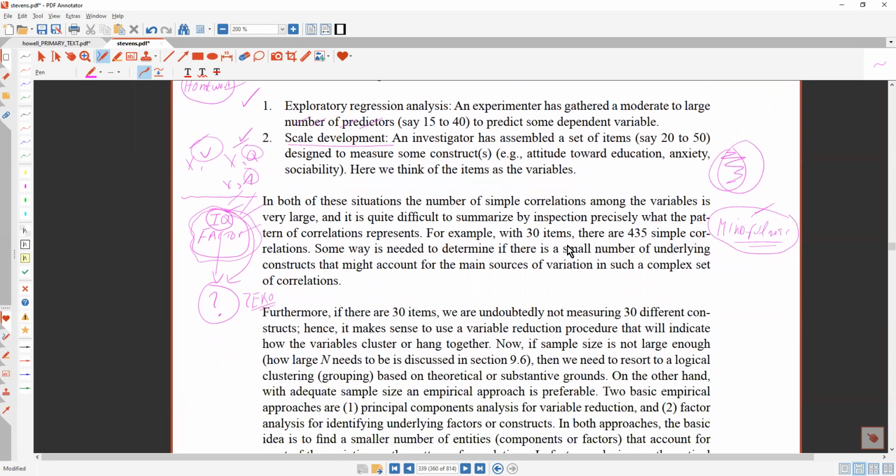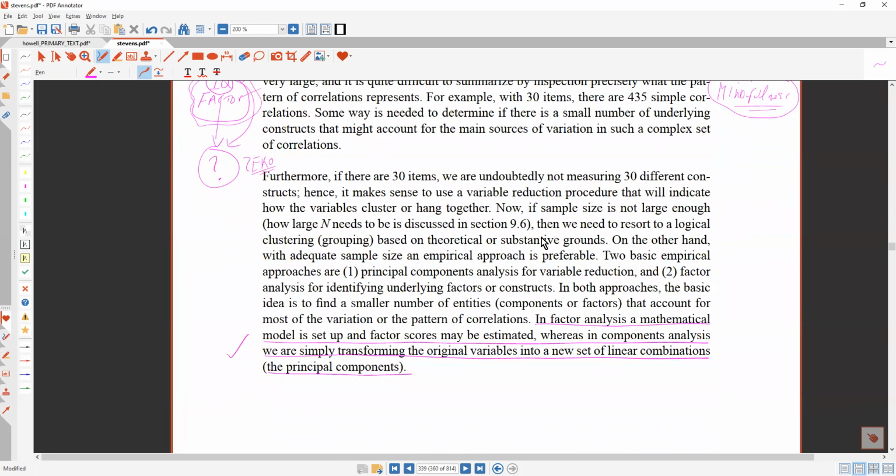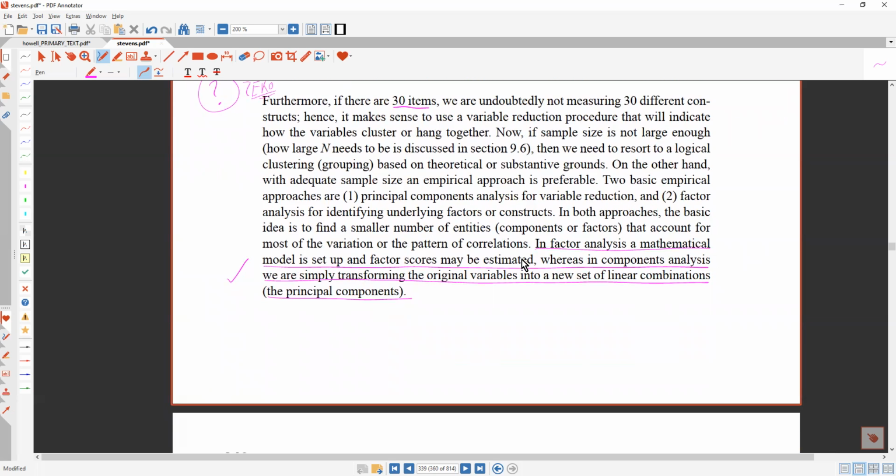Okay, so we talked about scale development here. It's useful in scale development. So maybe you have those 30 items. And as Stevens is pointing out, maybe it's not measuring 30 different constructs, so you might want to reduce the data down. Both PCA and EFA can be used for that purpose.